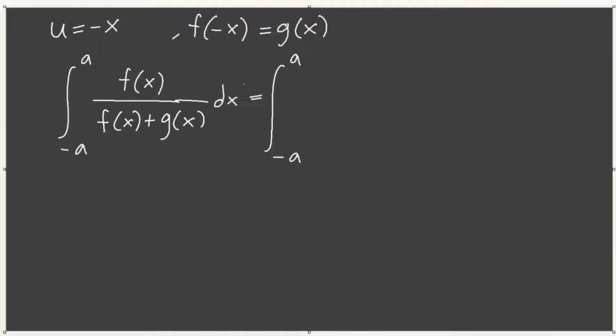So because of that, the bounds stay the same, and then of course f of negative x gives us g of x, and g of negative x is f of x.